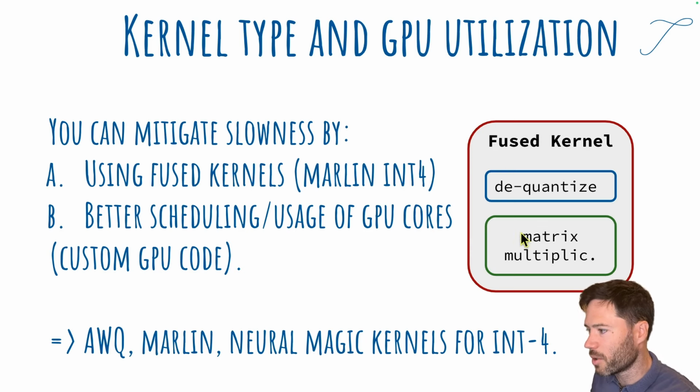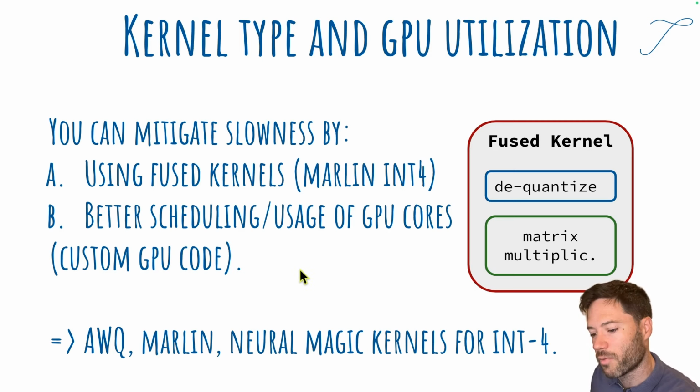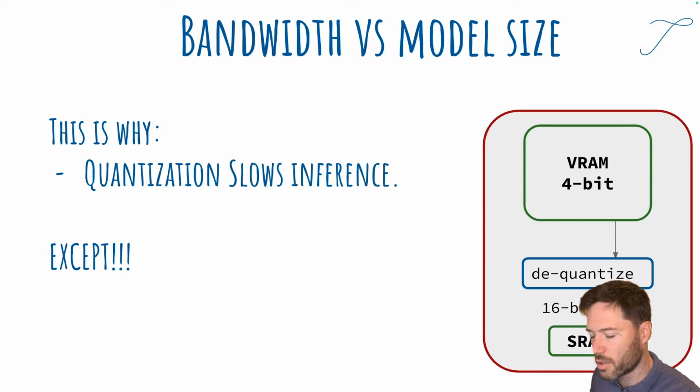What they do is they combine the step of de-quantizing with the step of matrix multiplication. And they design some software to carefully assign the operations across the GPU so that everything is being used if possible. And this can greatly reduce the drawback of doing the de-quantization to the extent that you don't even see too much slowdown in this de-quantization step needed before doing the compute in 16 bits.